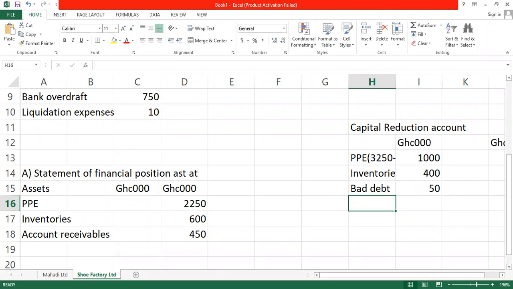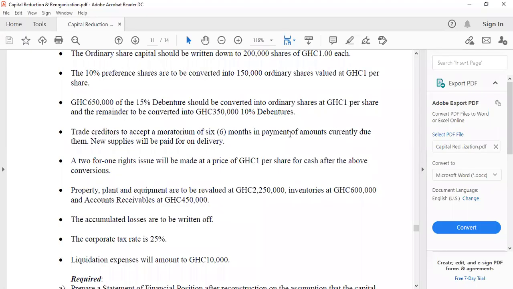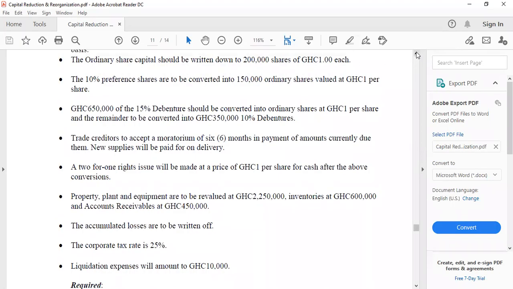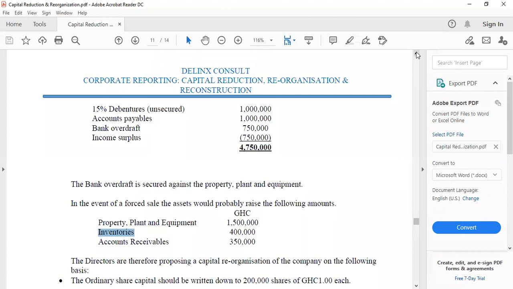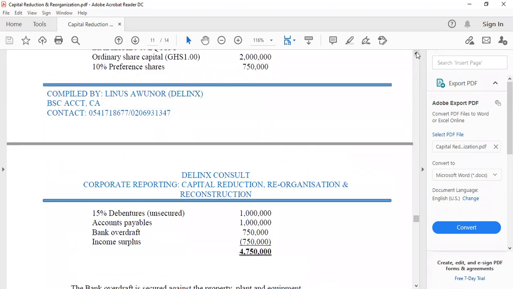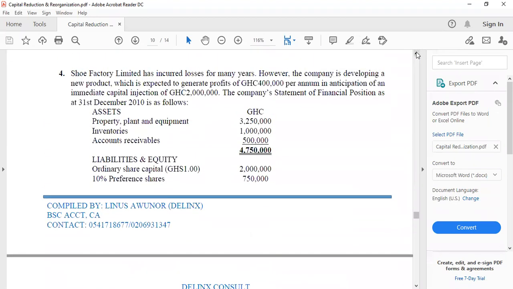Okay. Let's look at the cash side. I hope we are having an overdraft in the question, isn't it? Yes. In the question, we are having an overdraft of what? 750. They are saying that you should prepare this with the assumption that the capital injection has been made.